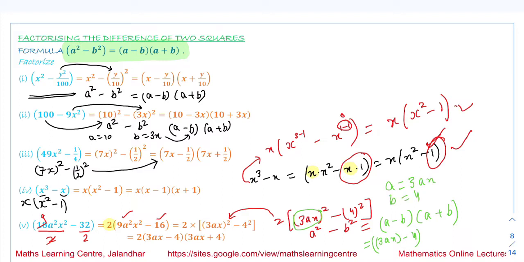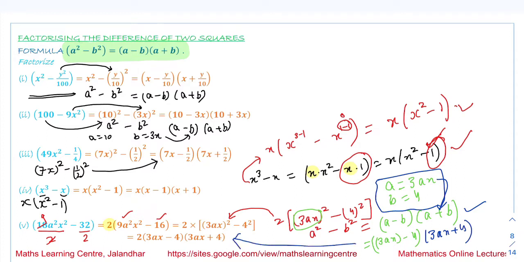Try to write these values, then you will never commit a mistake. Then write this formula, put these values in this formula. It is 3ax minus 4 into 3ax plus 4. This is the answer you are getting over here, that 2 was already there, and you are getting this answer.